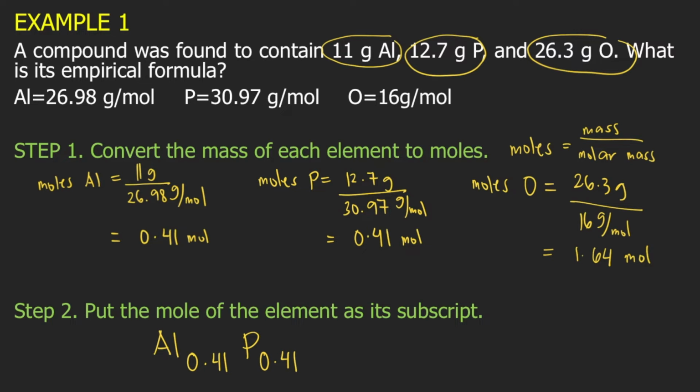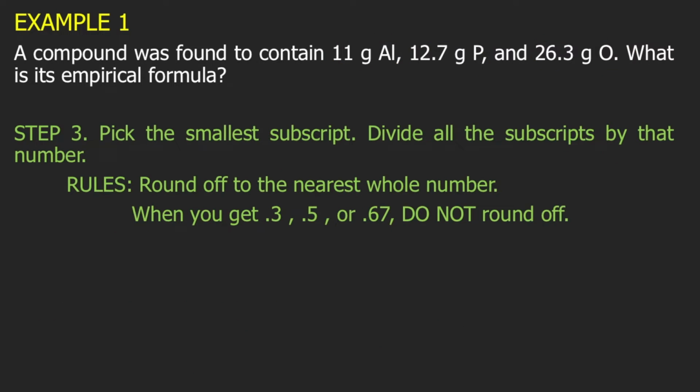And for oxygen, we got 1.64. So that's the second step. Now let's proceed to step 3. Previously, we got Al 0.41, P 0.41, and O 1.64.